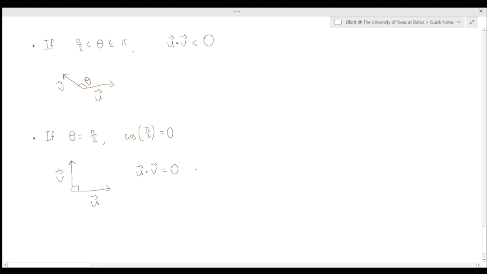So we will say that two vectors u and v are orthogonal to each other, orthogonal being pretty much the same as perpendicular. Two vectors are orthogonal if and only if their dot product is equal to 0. All right.